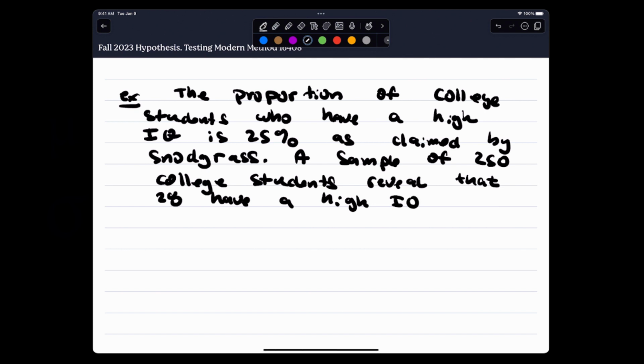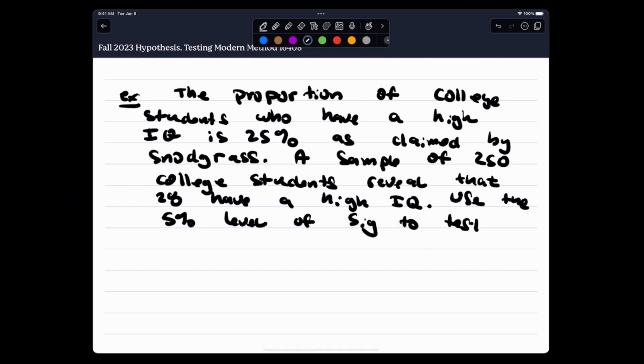Now, in reality, they would have to define high IQ. Use the 5% level of significance to test this claim, ladies and gentlemen. You're going to use the p-value method, which is called the modern method, the one we just described.